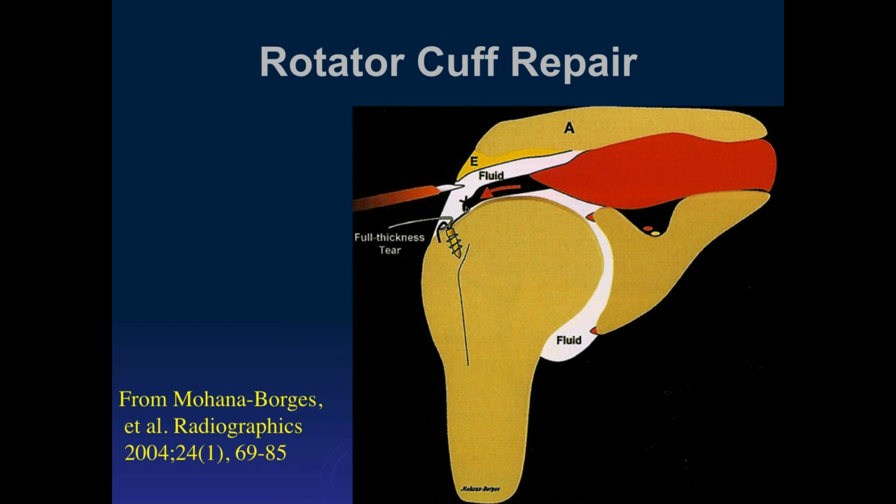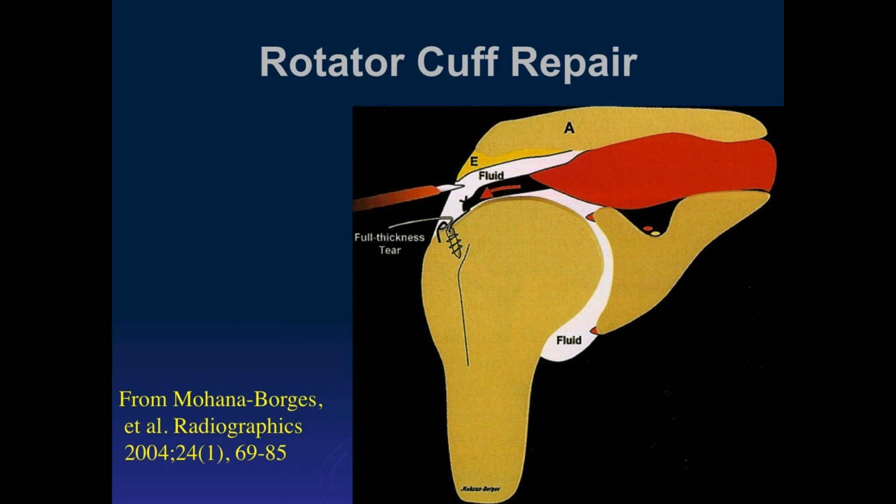Since now we see that the vast majority of tears that we know both from MR and from arthroscopy actually come from avulsion off of the bone, the typical surgery is to put in a suture anchor, put the sutures around the tendon, bring the tendon back again, roughen up the surface, put in a trough, whatever, and you want to try to stimulate a healing between the tendon and the bone. And the suture anchor there hopefully will keep it in place long enough for that biologic repair to occur. So that's the concept behind it.